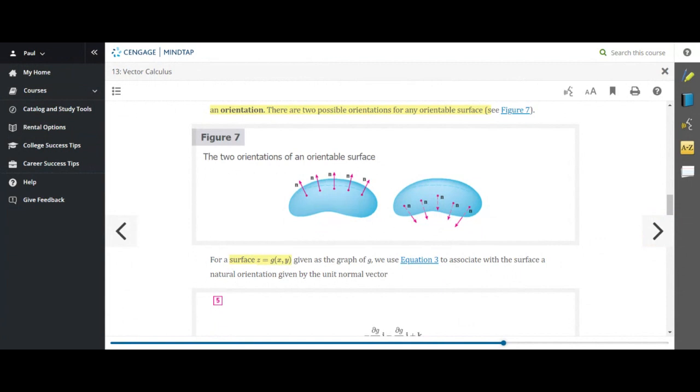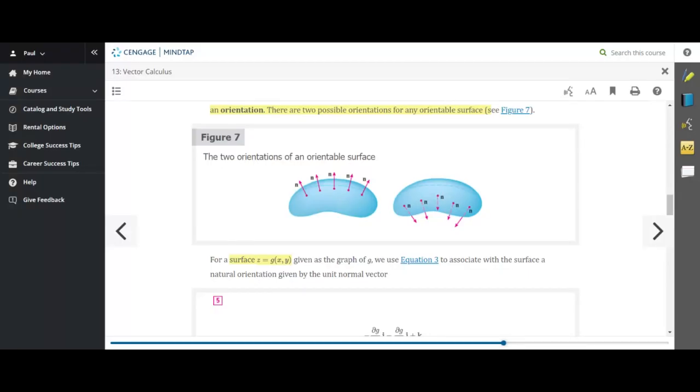And when we compute these flux rates, we're assuming we're talking about outward orientation. That would be the left figure in figure 7.